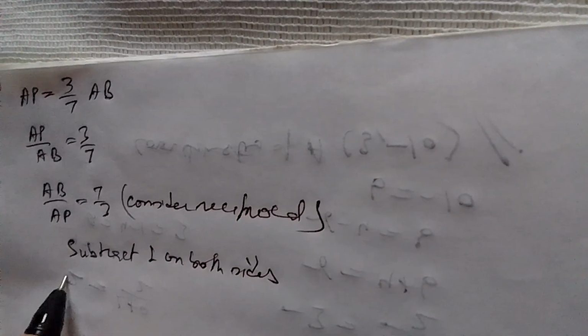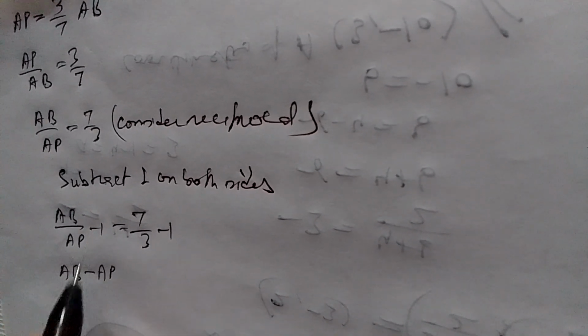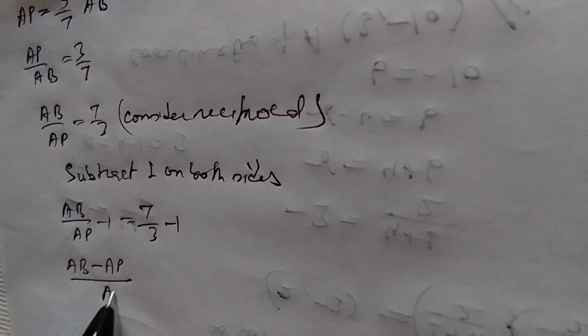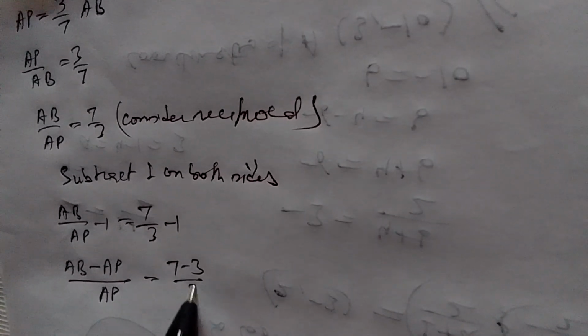We will get AB over AP minus 1 is equal to 7 by 3 minus 1. So (AB minus AP) over AP is equal to 7 minus 3, which is 4, divided by 3.